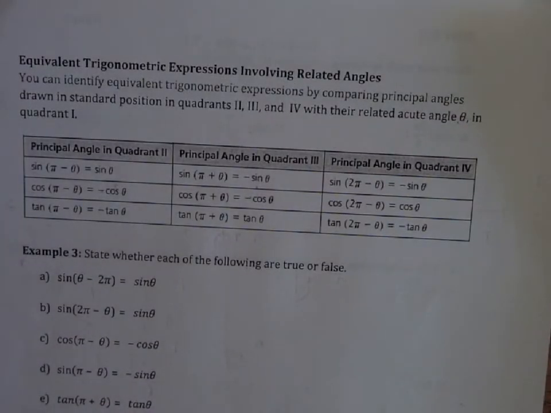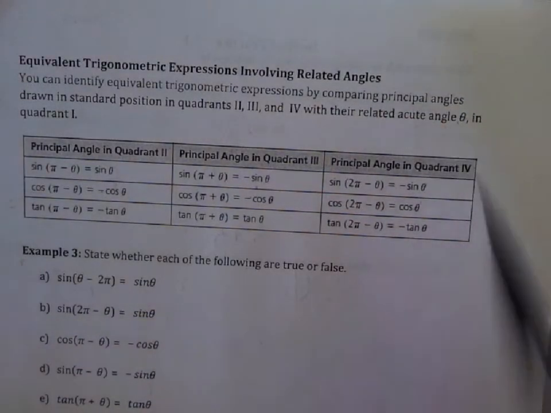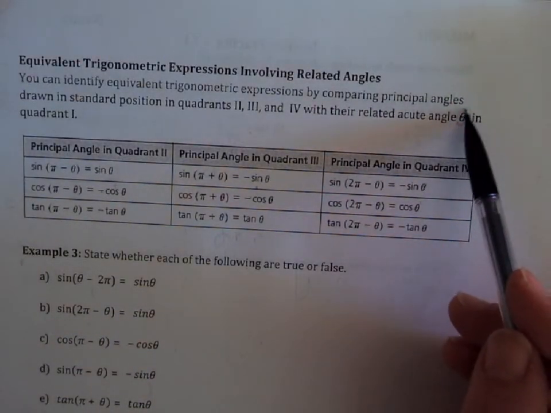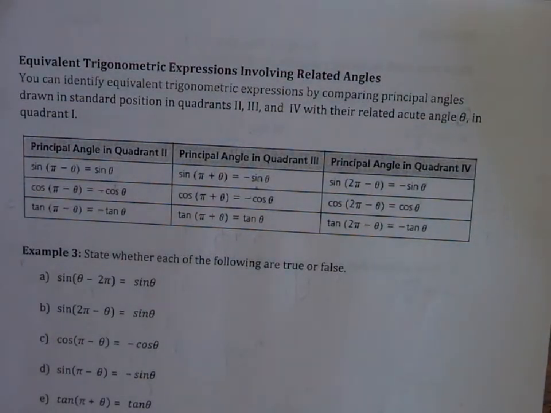Equivalent trigonometric expressions involving related angles. You can identify equivalent trigonometric expressions by comparing principal angles drawn in standard position in quadrants 2, 3, and 4 with their related acute angle theta in quadrant 1. Well, until now, in chapter 6, we always took theta as principal angle and related acute we used beta, right?